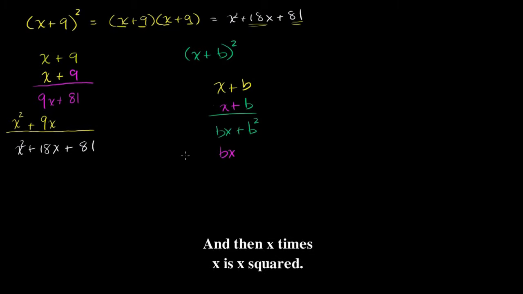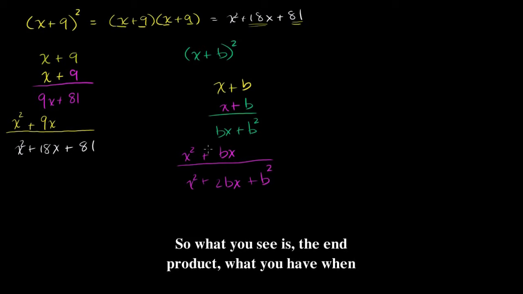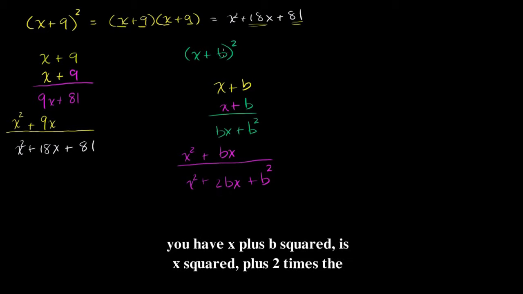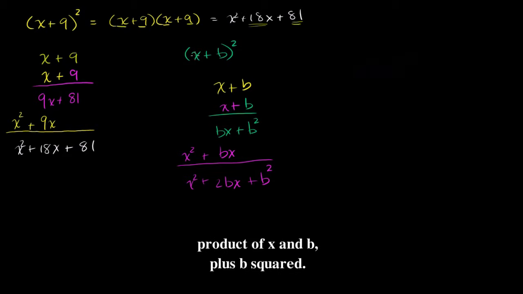So when you add everything, you're left with x squared plus 2bx plus b squared. So what you see is, the end product of x plus b squared is x squared plus 2 times the product of x and b plus b squared.